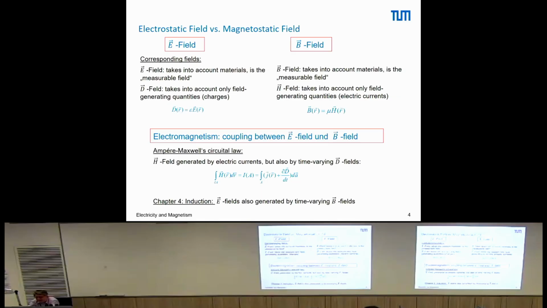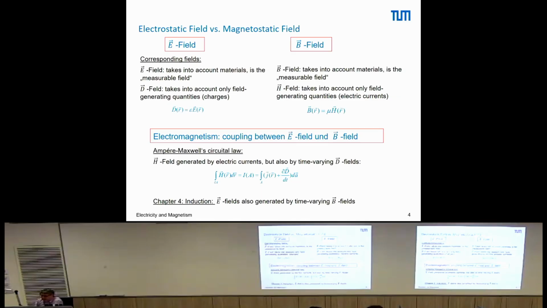And then we have seen that in the case where our stationarity assumptions are not strictly adhered to anymore, we have to make an expansion of the Ampere law, and we have then Ampere-Maxwell's circuital law. And there you see that now you have a coupling between the electric field and the magnetic field. And this you see here in the bottom slide.